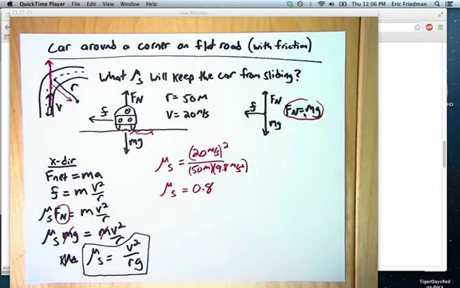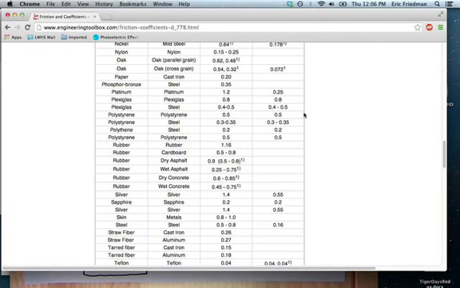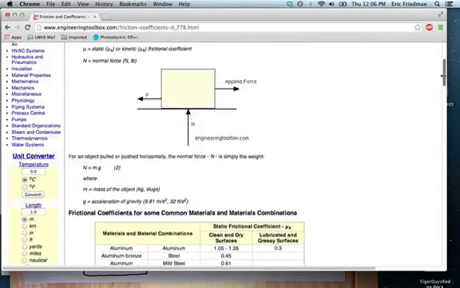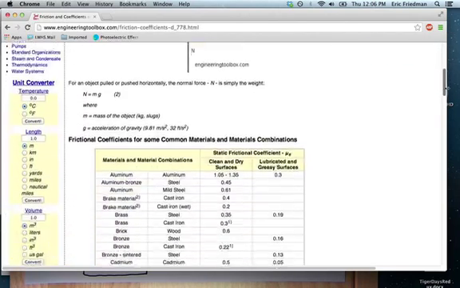Now, online you can actually look up tables to find out what different coefficients of friction are. So here's a table that shows you coefficients of friction for different surfaces. By the way, this site's called Engineering Toolbox, so you should know that there's lots of data on this site that you can use.